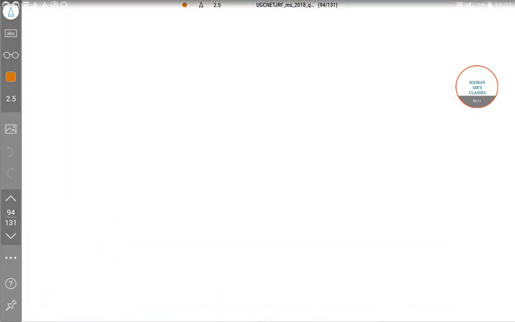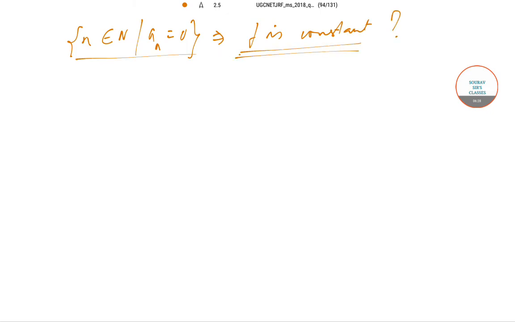So now it has been said that the set of n in the natural numbers such that a_n is equal to 0 is infinite, which will imply that f is constant. We need to check whether this statement is correct or wrong. We can think of a function f(z) equal to sine of z.